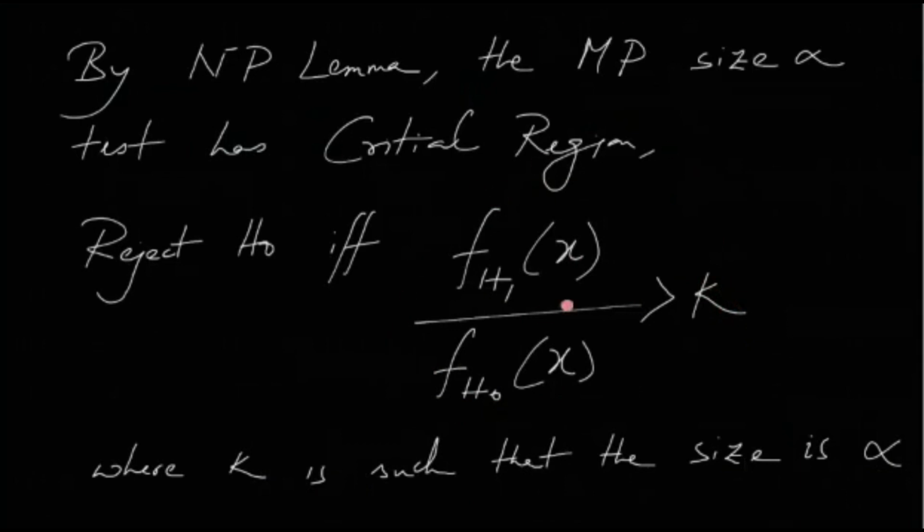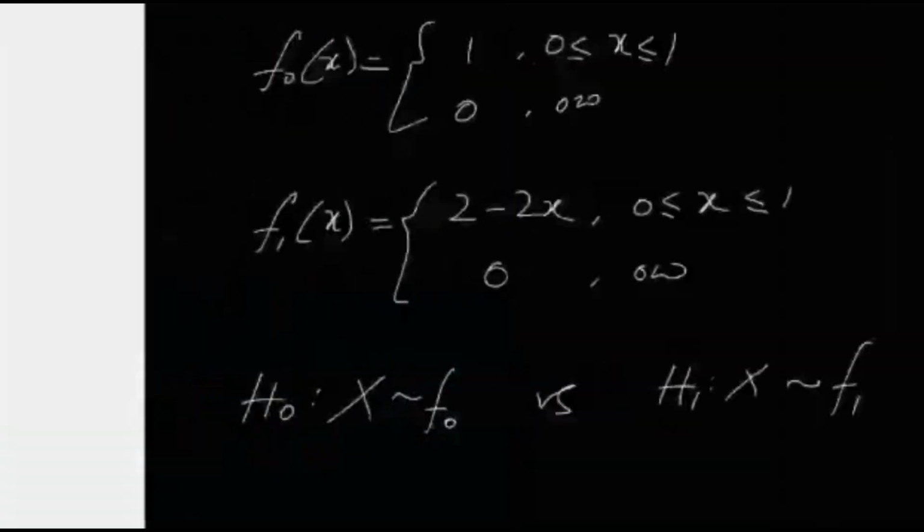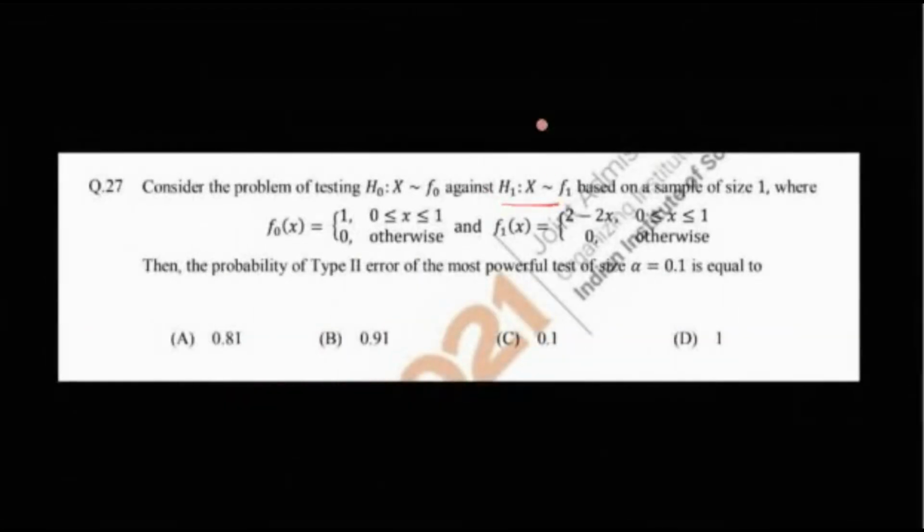Here f1 is the PDF under the assumption of H1, and f0 is the PDF under the assumption of H0. H1 says that X follows f1 and H0 says that X follows f0.